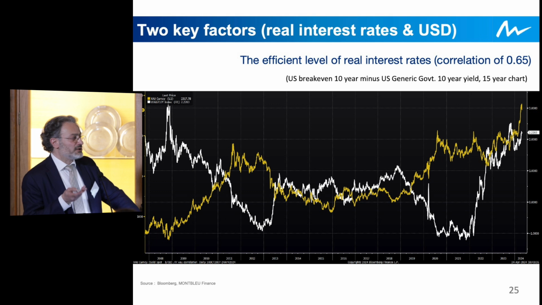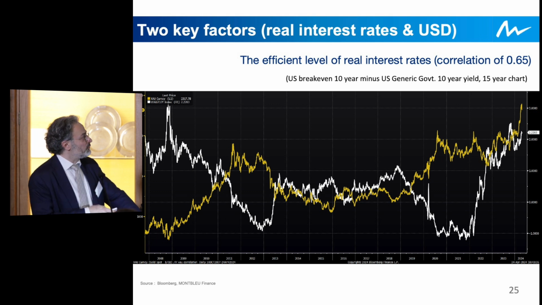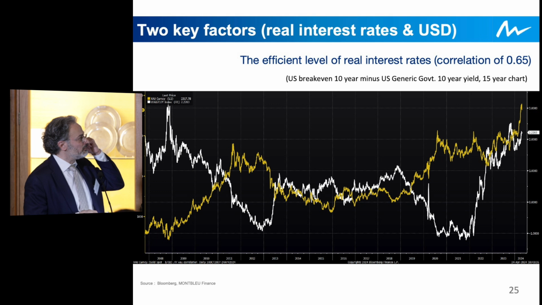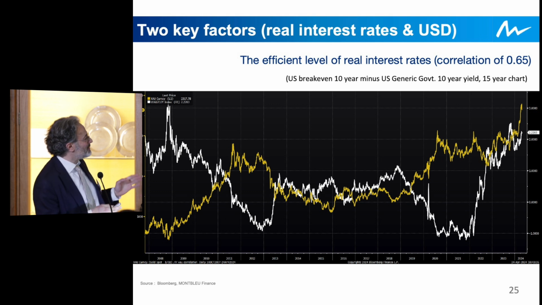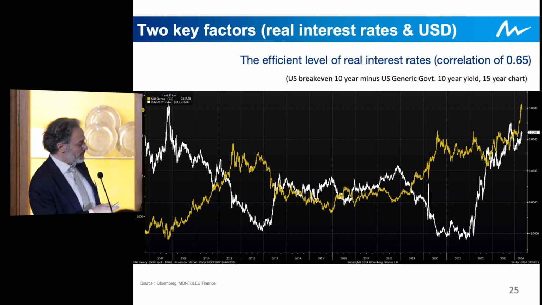I mentioned the negative correlation between real rates and the price of gold. And this is exactly what happened over the years. You've got the price of gold, and you have real rates. When the price of gold goes up, real rates go down, up, down, up, down.